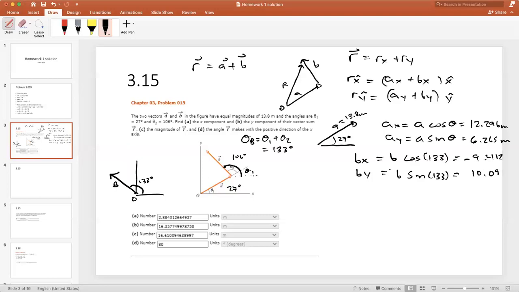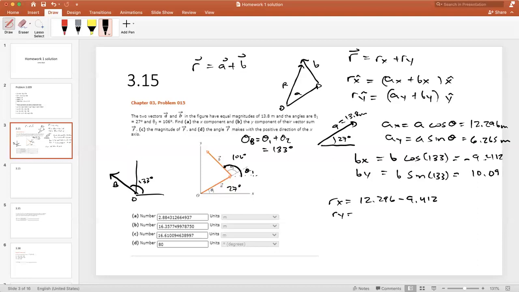Everything else on here is easy. All we have to do now is add Ax plus Bx. So Rx is 12.296 minus 9.412. You just add them.